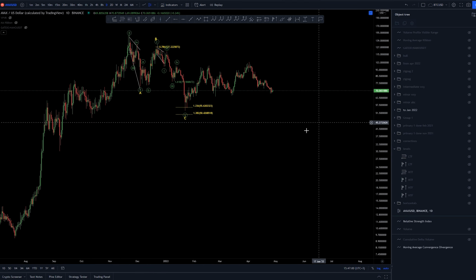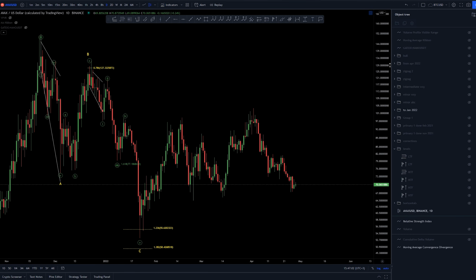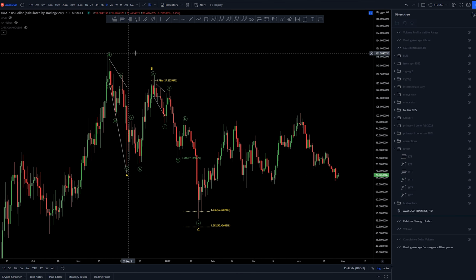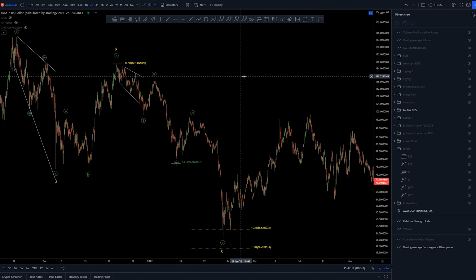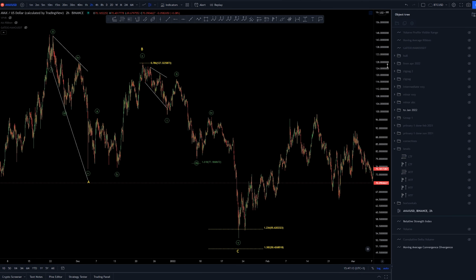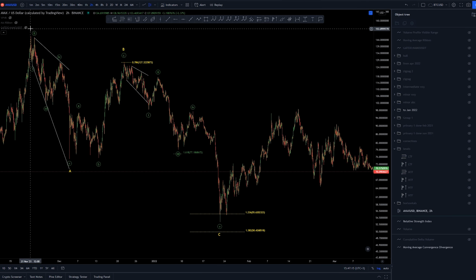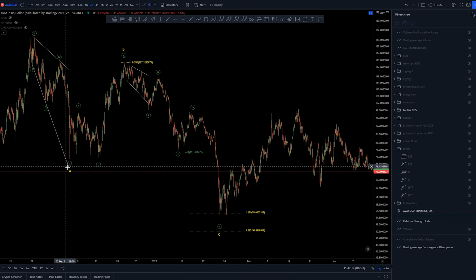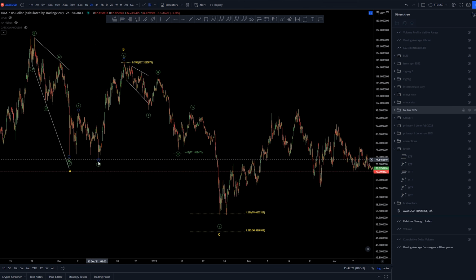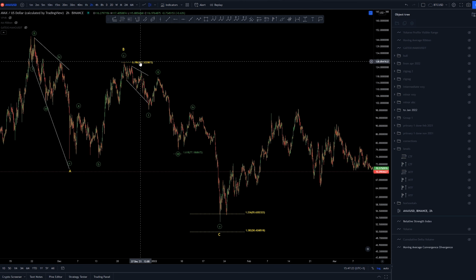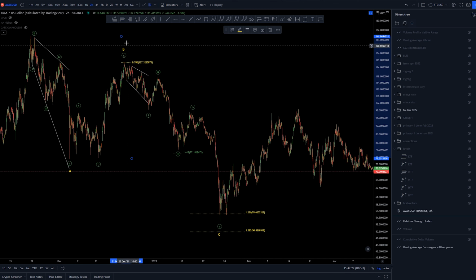Let's dive into this price action that we've had since the all-time highs. Let's actually zoom in a bit, maybe 2 hours. Should show us some wave structure in here. So I'm claiming this as an ABC, 1, 2, 3, 4, 5 into A, B, C into B, 0.786 retracement, sorry, retracement, not extension.